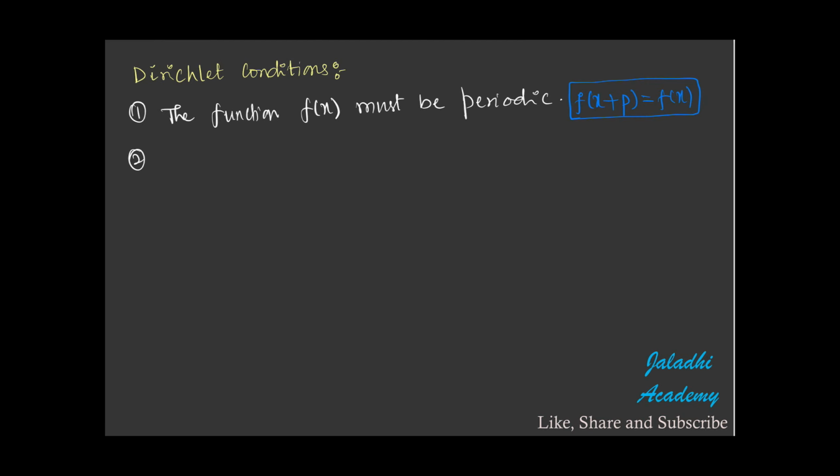Next, the function f of x must exist at all the points, meaning the function f of x is continuous in the given interval, where the function is defined.